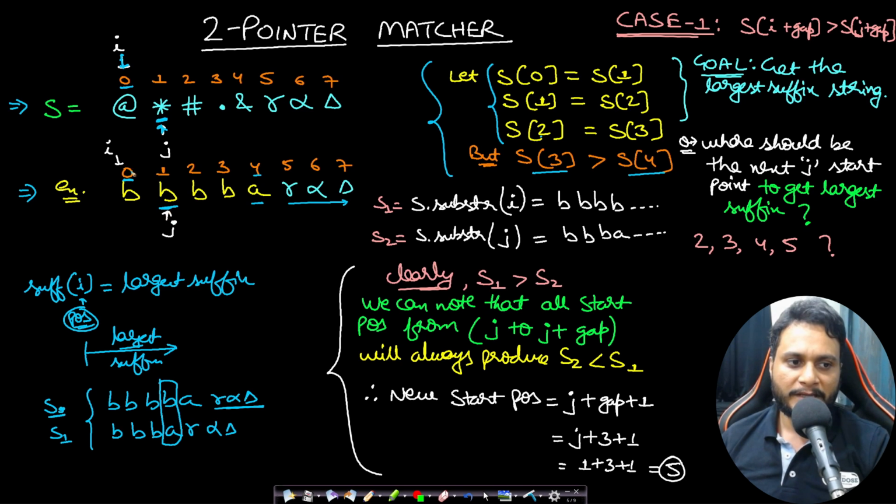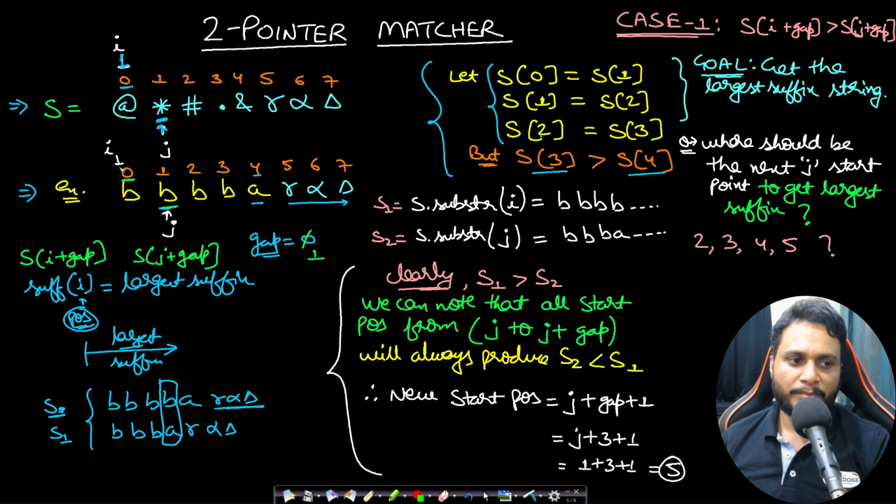Okay, so let's see how to do this matching using two pointers. So what I will do is match this I with J, and I will try to create a jump, which is the gap variable. Try to match the ith with the jth item. If they are equal, then gap will increase by 1, and I will always be comparing S at I plus gap with S at J plus gap.